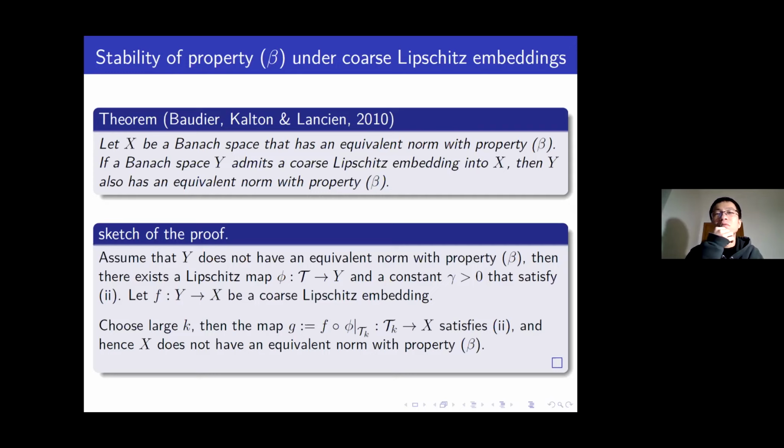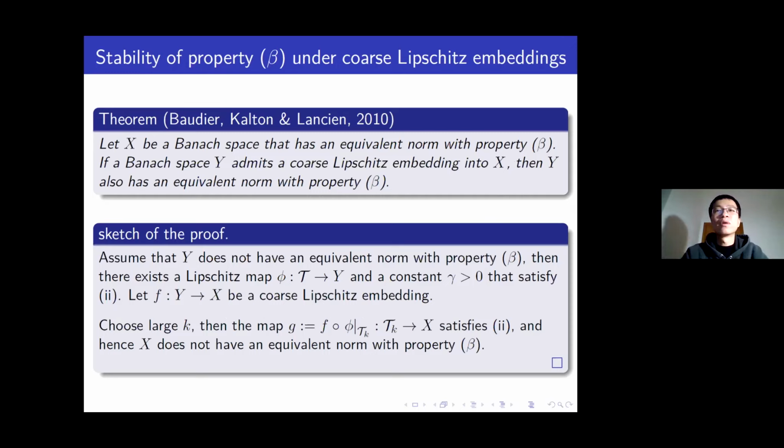Because suppose f is a Lipschitz embedding, then the composition of phi and f must be a partial Lipschitz embedding, which satisfies item 2 in the theorem. But this is not possible because X has property beta. But now f is only a Coarse Lipschitz embedding. It's not a Lipschitz embedding. It is a Lipschitz embedding when distance is larger than some d. So I want distances to be larger than some d.